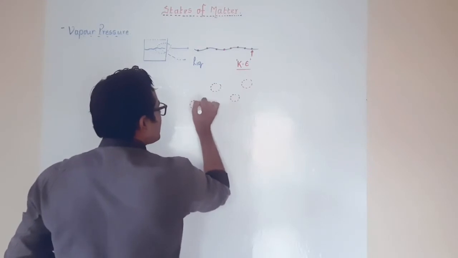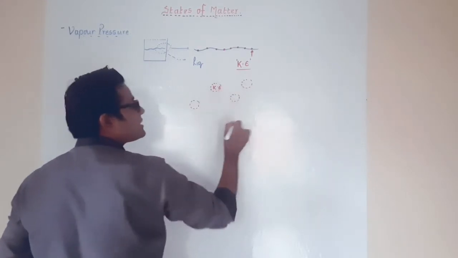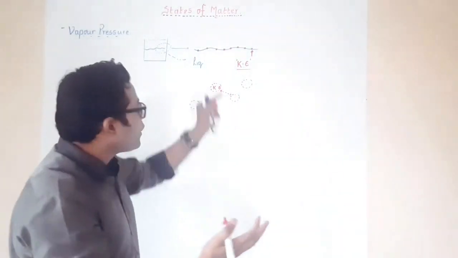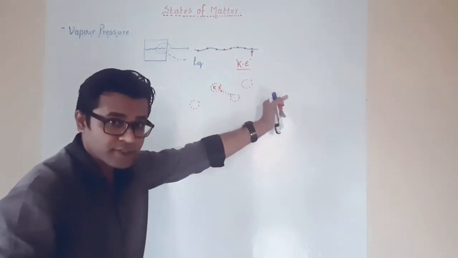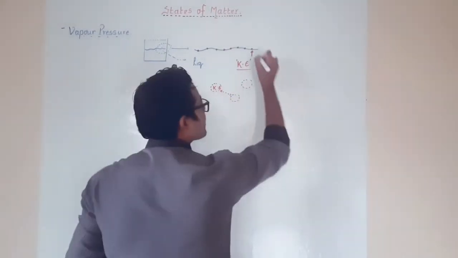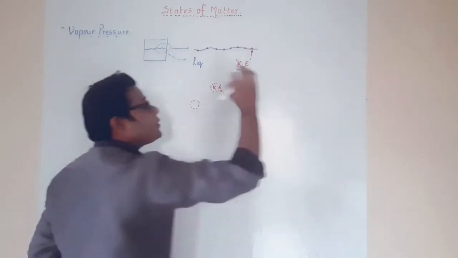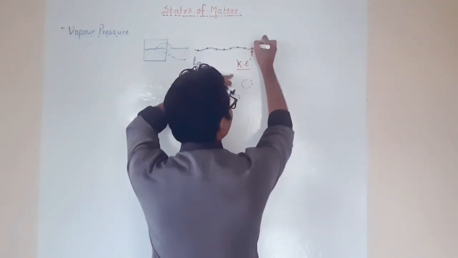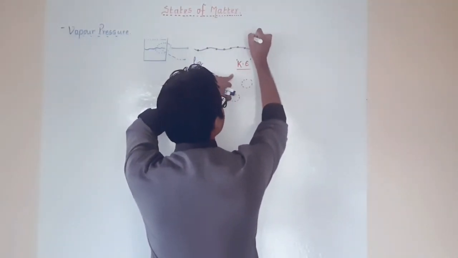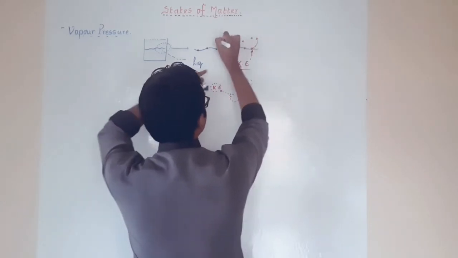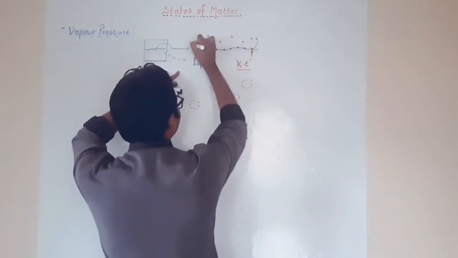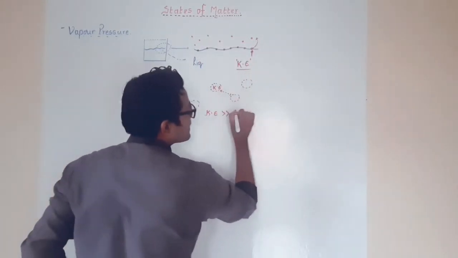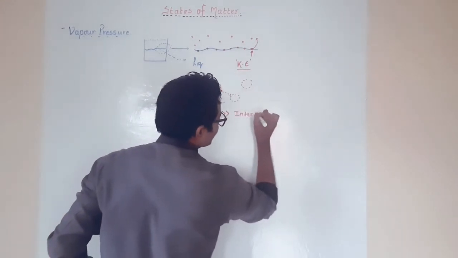These molecules have so much kinetic energy that they go beyond the magnitude of the intermolecular forces. Due to this, these molecules will not remain in the liquid state. Rather, because of the higher kinetic energy, they will slowly get into the gaseous state. Why is this happening? This is happening because the kinetic energy is far more than the intermolecular forces.